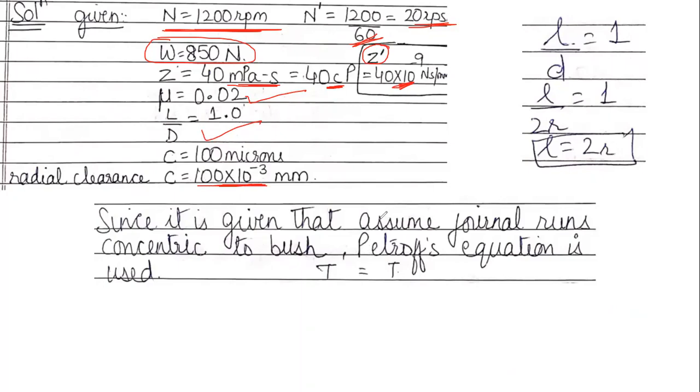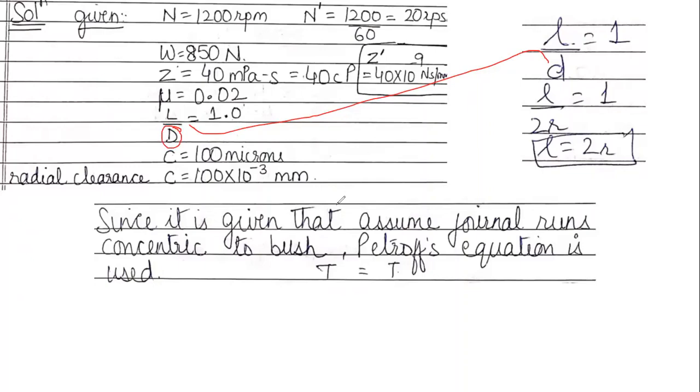Since it is given that journal runs concentric to the bush, I'm equating the two torque equations which we have derived few minutes back in the Petrov's equation. One thing I need to tell you, that this D, you should remember that it is the diameter of the journal.